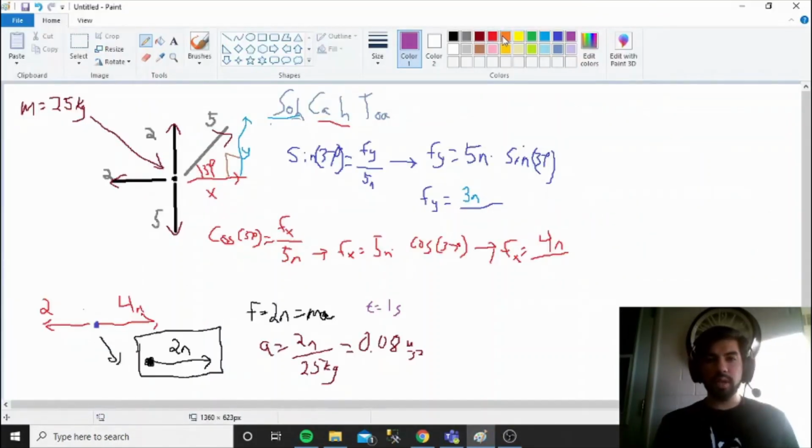Okay, so again, looking at your equations, you should see, here, box that off. You should see that there is such a thing, delta x is going to be equal to 1/2 at squared.